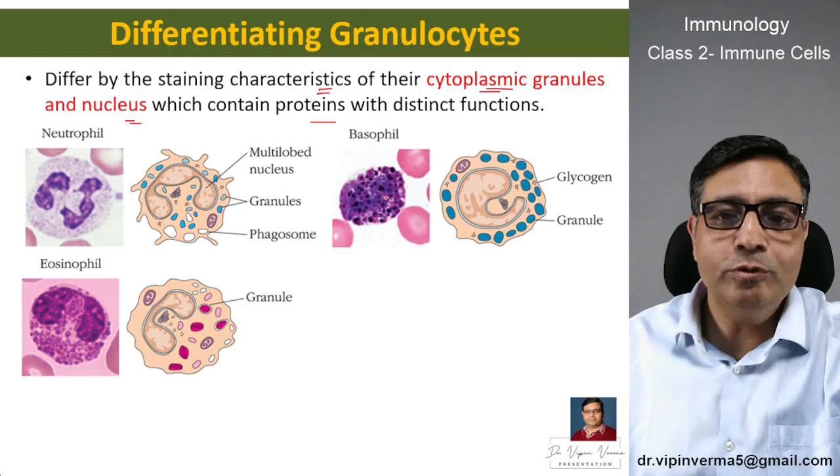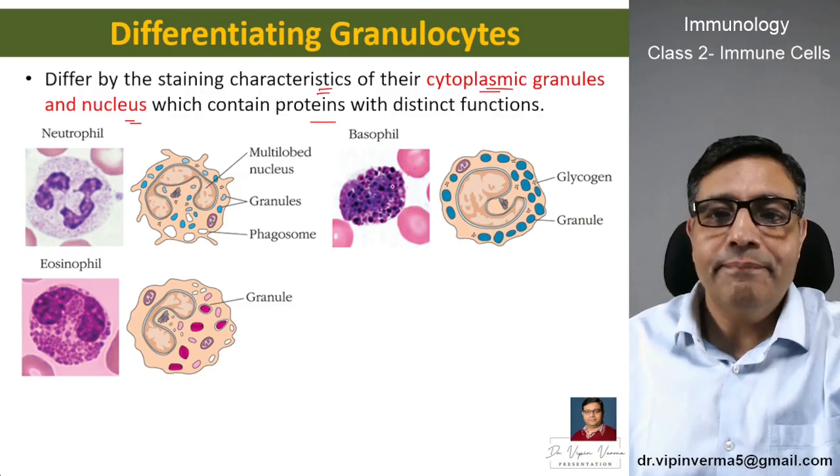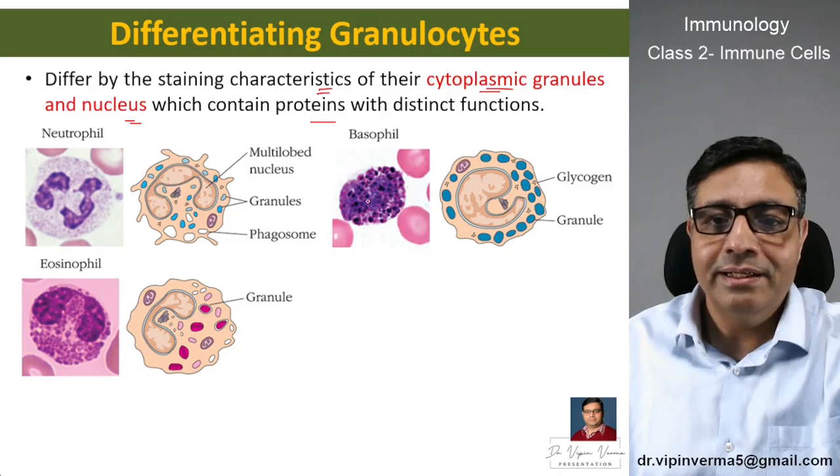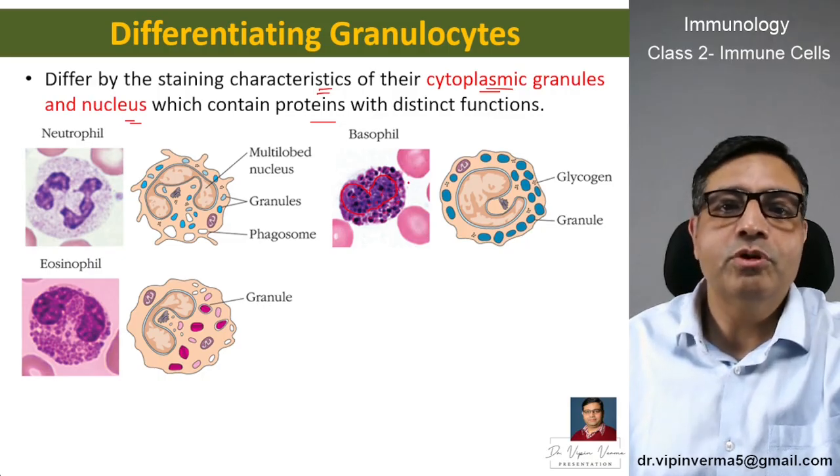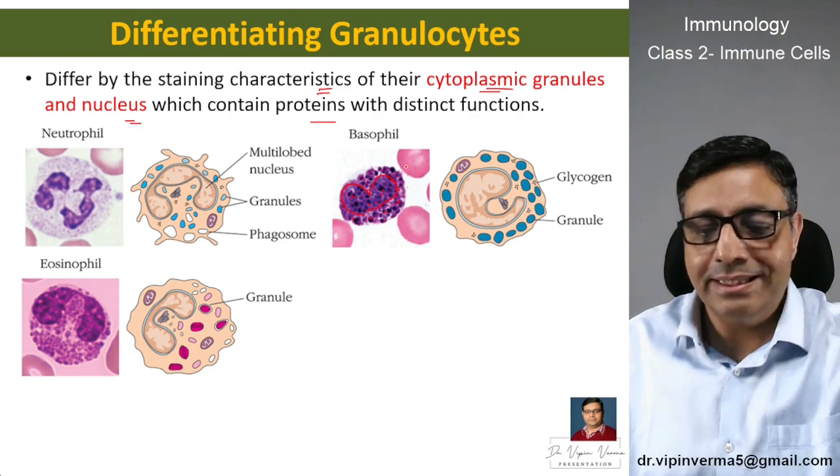And in the basophils, the granules are too many and they are obscuring the nucleus. You can see here the two lobes. One lobe is like this and another lobe is like this, but all around there are small granules which are darkly stained.